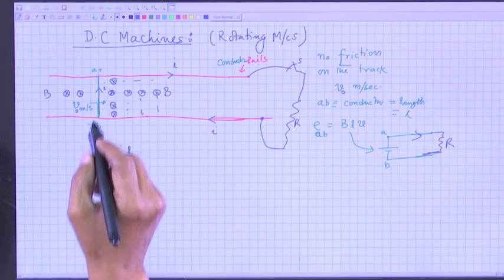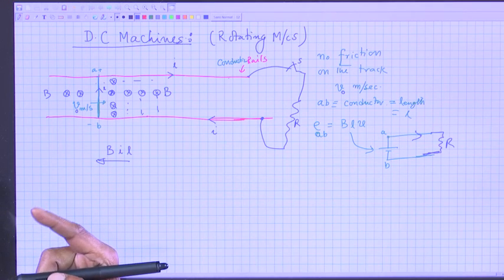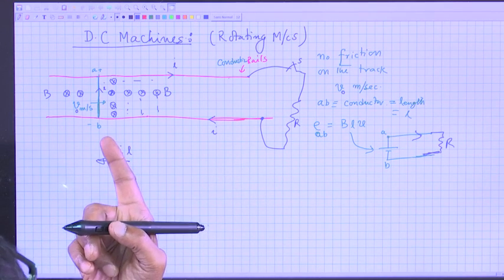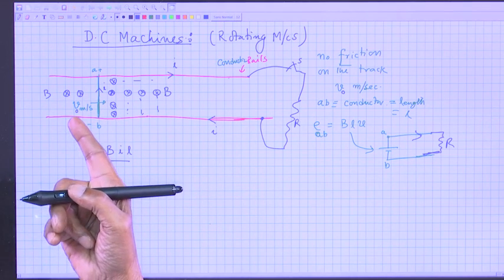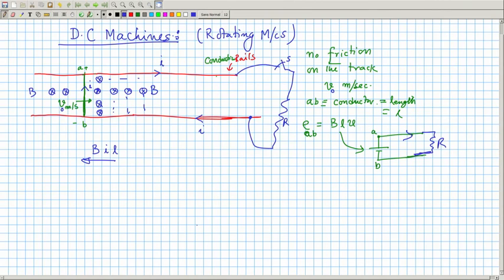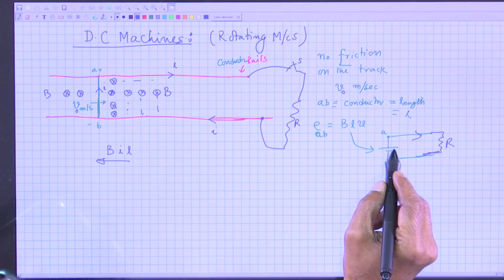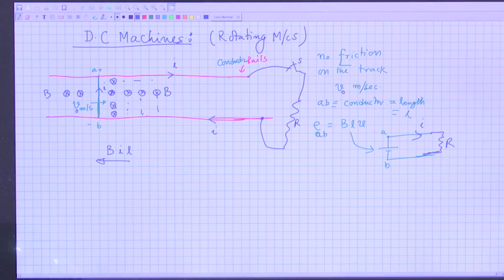Therefore, this conductor AB is acted on by a force from right to left, and it had an initial velocity of v naught. What do I expect? The conductor to decelerate, because no other force is there, velocity will go on decreasing. But if velocity goes on decreasing, this voltage will go on decreasing, and this current I will also go on decreasing.